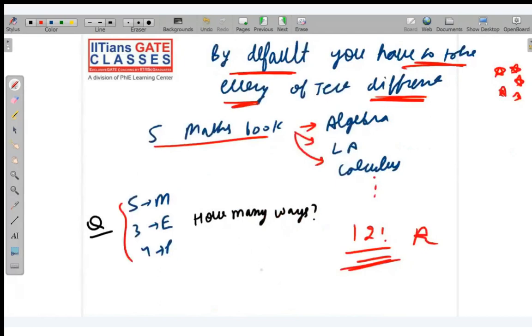Here no identical word is given, so we consider all these books to be different, like algebra, linear algebra, calculus, and so on. So the answer is straight away 12 factorial. Please remember this kind of thing, as it has been asked repetitively in the GATE exam. Now please take a snapshot. I will jump to the next slide.